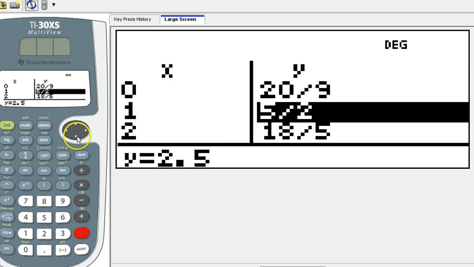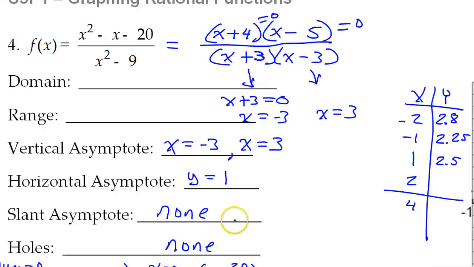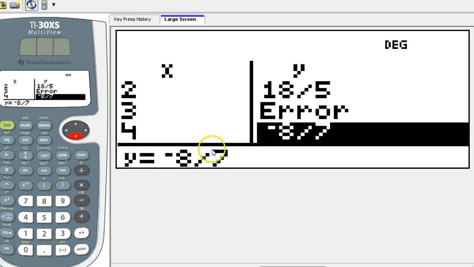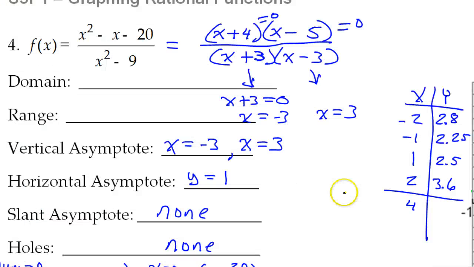At 2, we have 18/5, which is 3.6. And what about at 4? At 4, we have -8/7, which is -1.1.